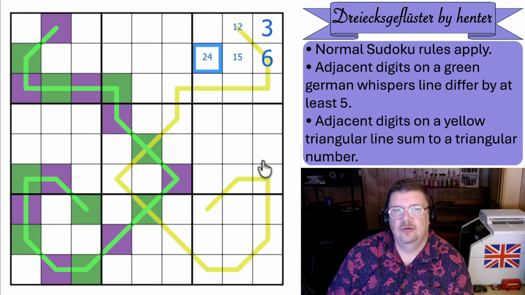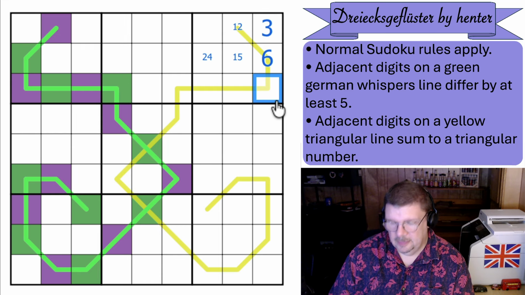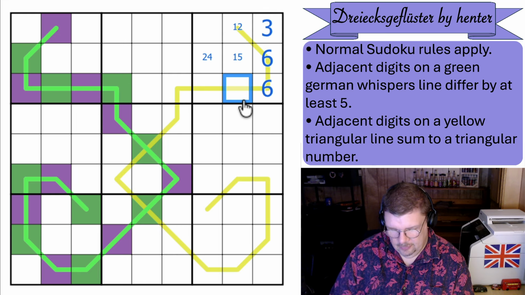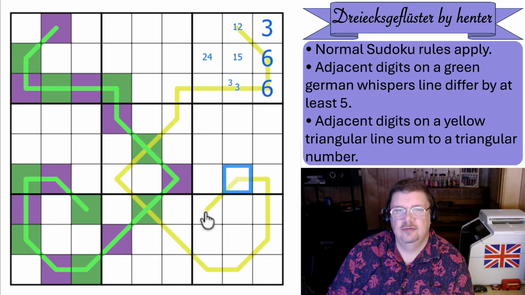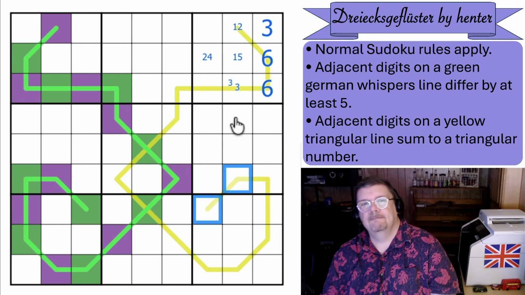I'm going to try and keep my notes in these 3 columns. That's the only ways I can make 6. No, it's not. I could also do 3 and 3 if those 2 digits don't see each other. All right.